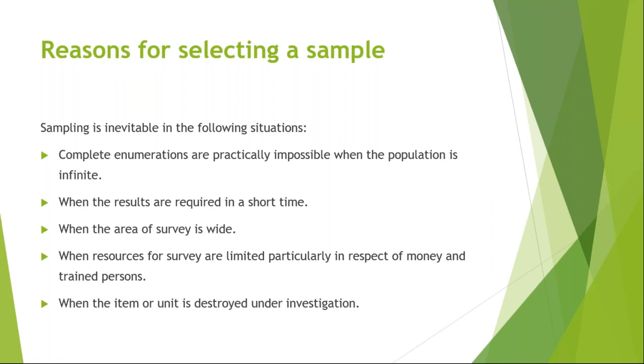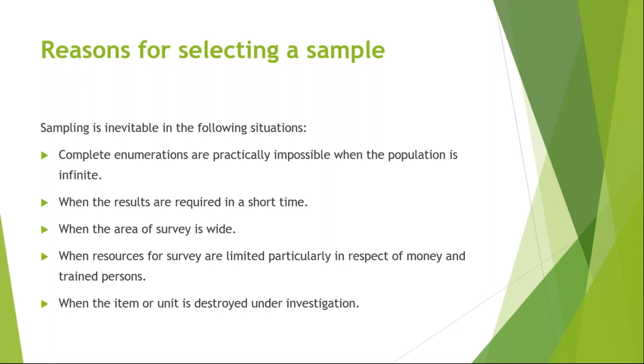But when the population is infinite, it becomes practically impossible to involve everybody. So that's one of the reasons why sampling becomes inevitable, because you cannot have a complete enumeration of the entire population, especially when the population is infinite.